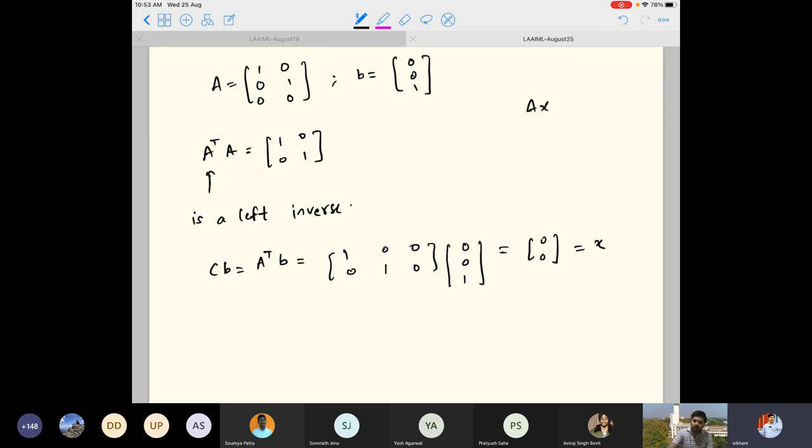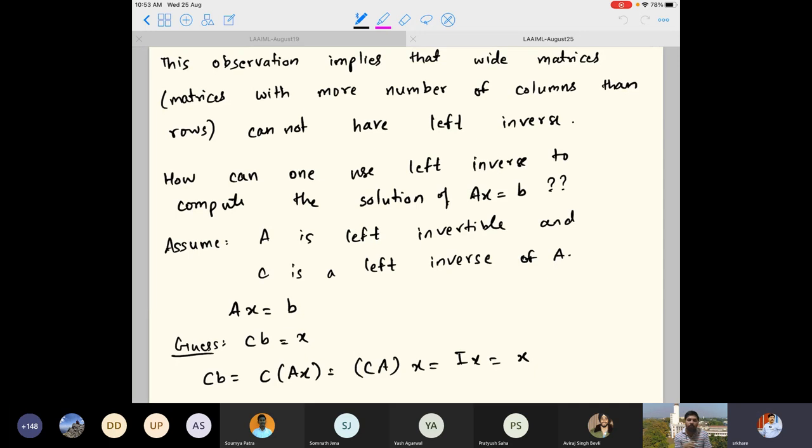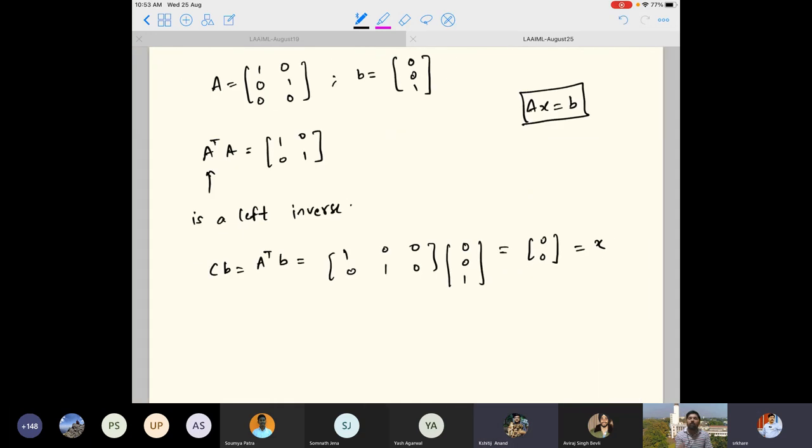So is AX equal to B satisfied now for this particular X? No. But this is what you told me here. Sir, B is not in the column space of A. B is not in the column space of A, correct? That is something that we have to make sure. The existence of a left inverse of A is not going to guarantee that. Do you understand this problem? Only having a left inverse at our disposal is not enough. We should know for sure that B belongs to the column space of A. That means that the system of linear equations is solvable.